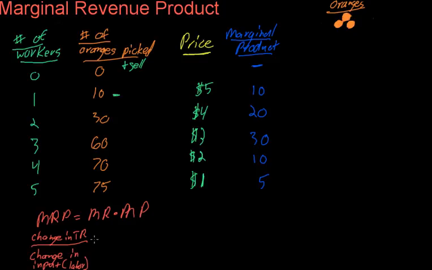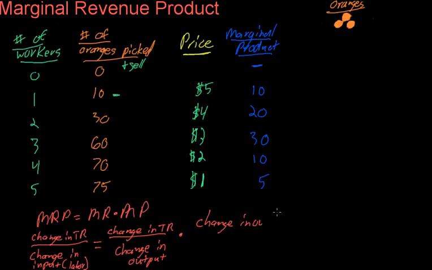So if we want to get the change in total revenue divided by the change in labor, one way to get that would be the change in total revenue divided by the change in output, multiplied by the change in output divided by the change in an input. And in our case that would be labor.